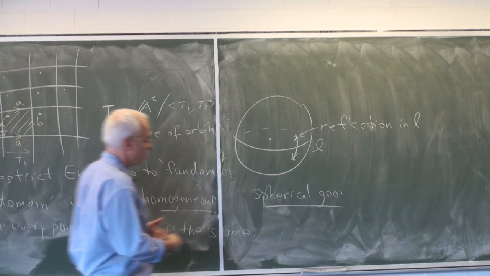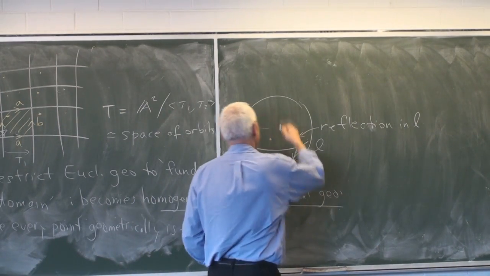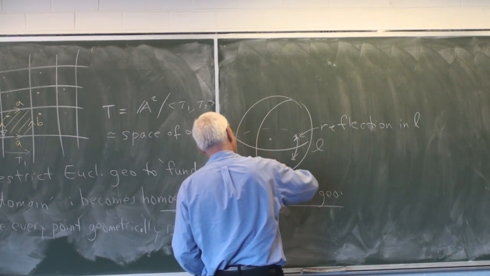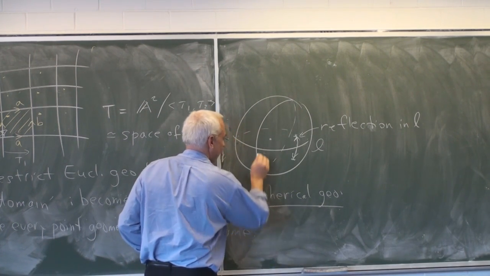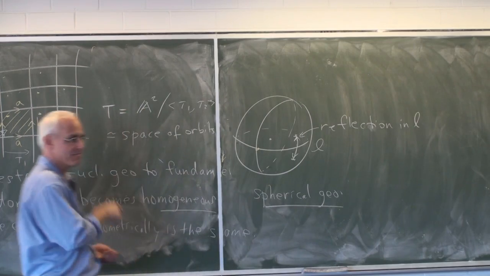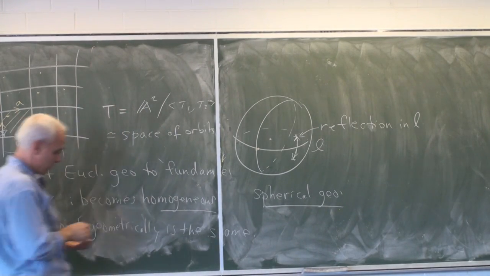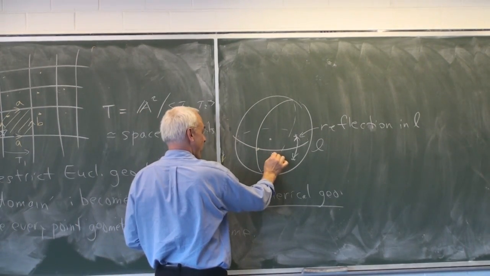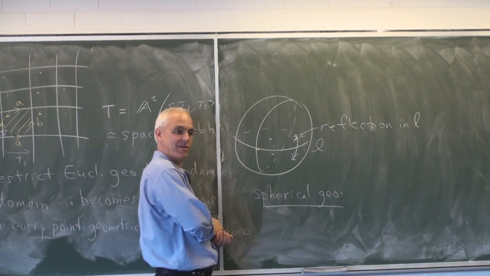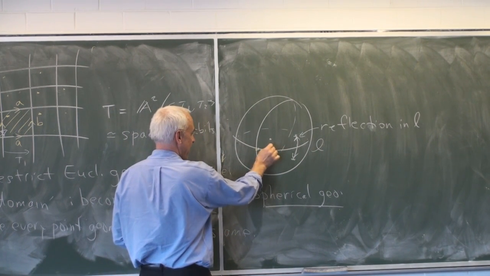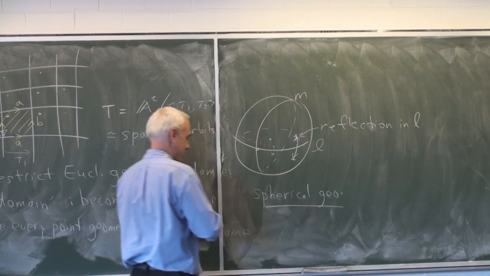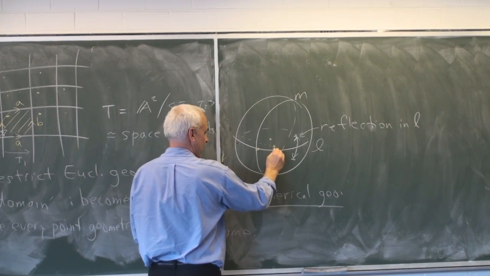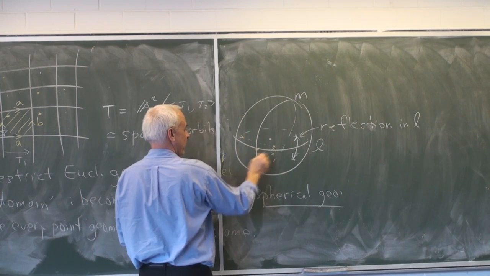And now if we look at composites of reflections, for example, we have another great circle and they happen to intersect here. Then if you reflect, say, this point first in the line L, and then in the line, let's call it M. So first you go to there, and then you reflect over here.